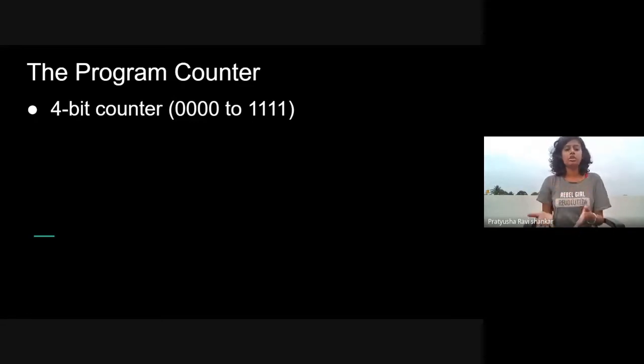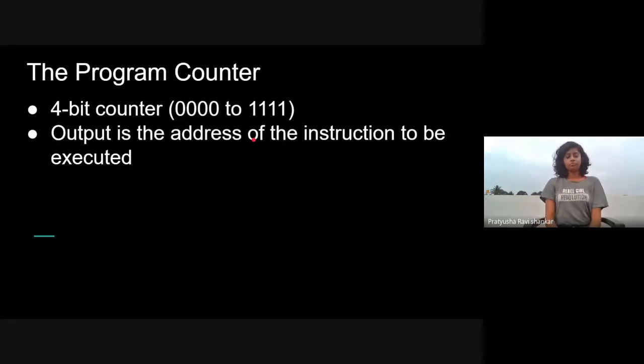Its job is to count from 0 to 1. So 4-bit means the maximum it can count is 0 to 15, right? This is 0 to 15. So that's what it's supposed to do. And the output is the address of the instruction to be executed.